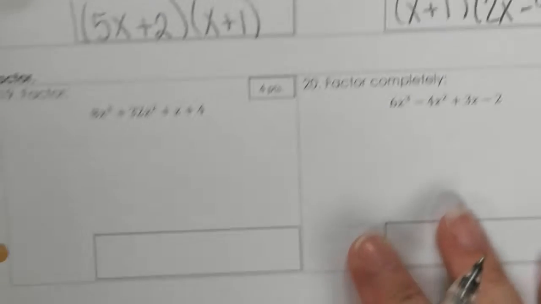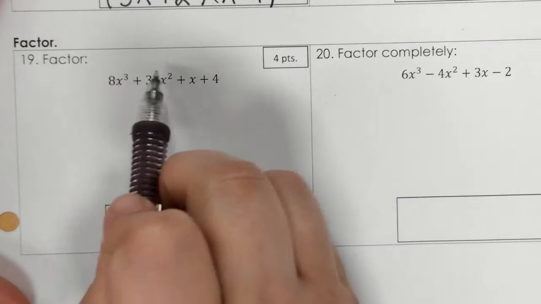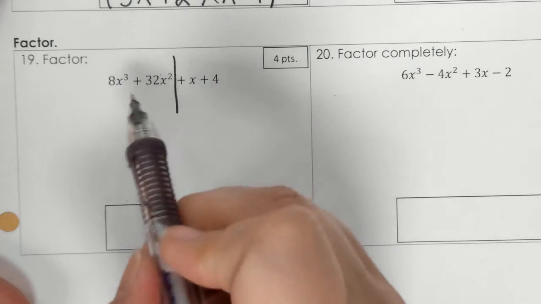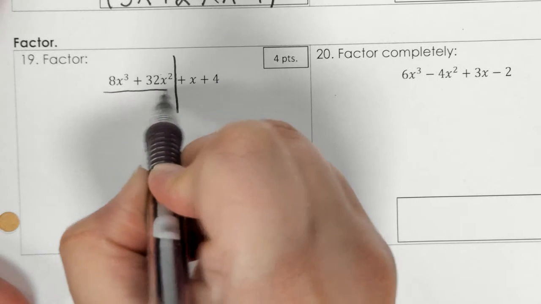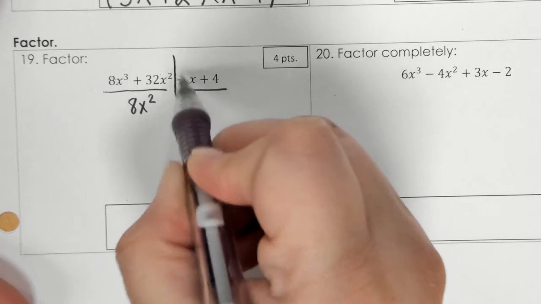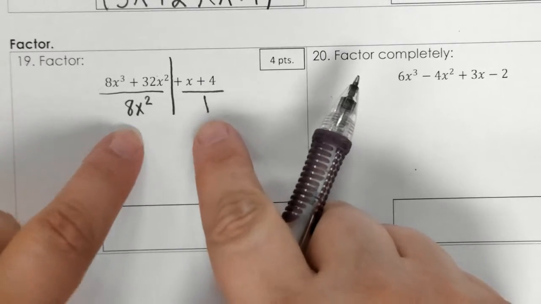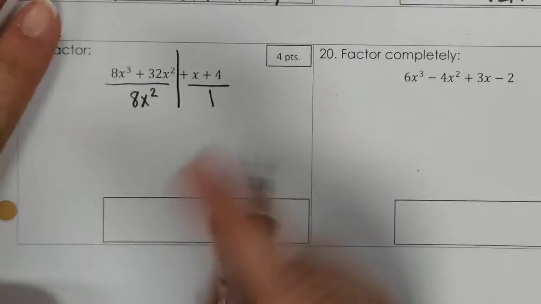Okay, number 19 says you need to factor. You notice we have 4 terms. So we cut this in half, and we find the GCF of this first half. So the GCF here is 8x squared. And the GCF here is 1. So these two GCFs, they're my first answer.